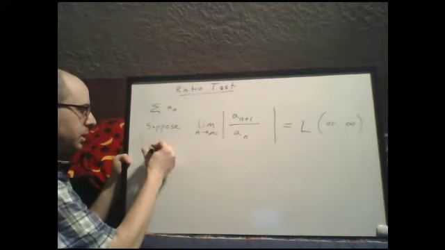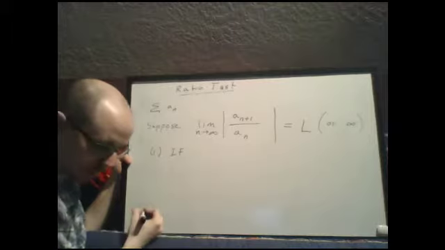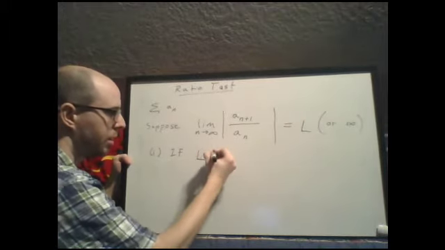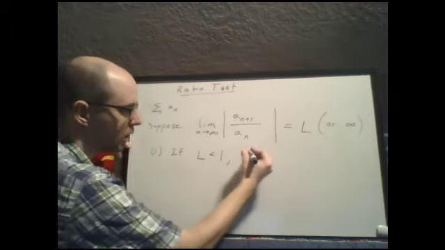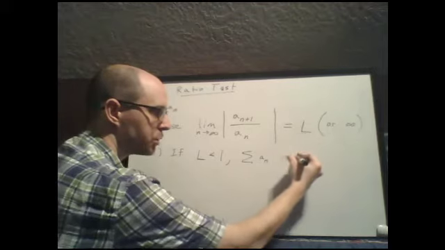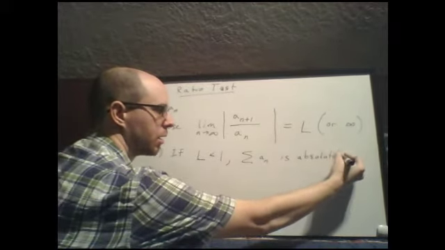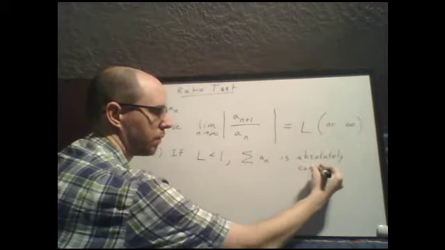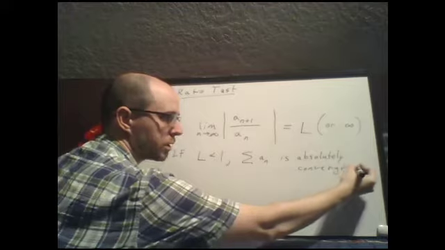So there's 3 cases. The first case is if L is less than 1, then our series, summation an, is absolutely convergent, and therefore also convergent by the previous fact.